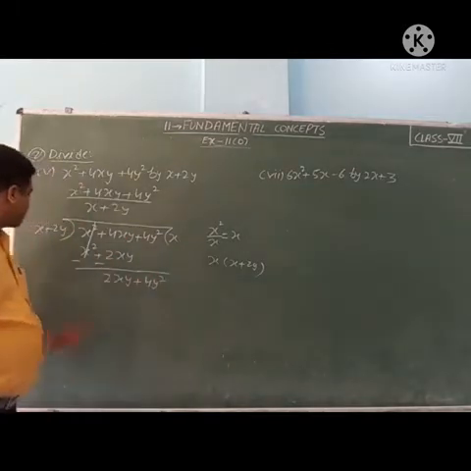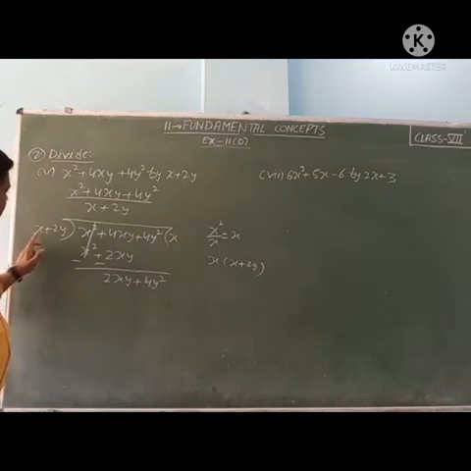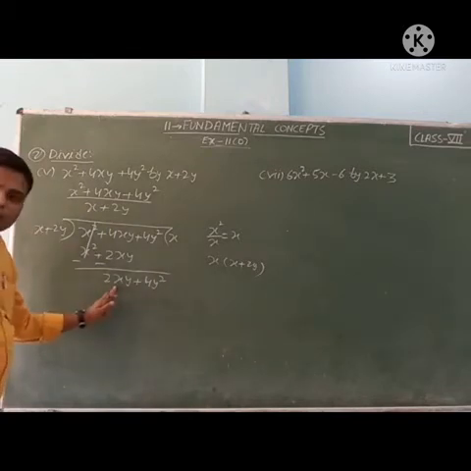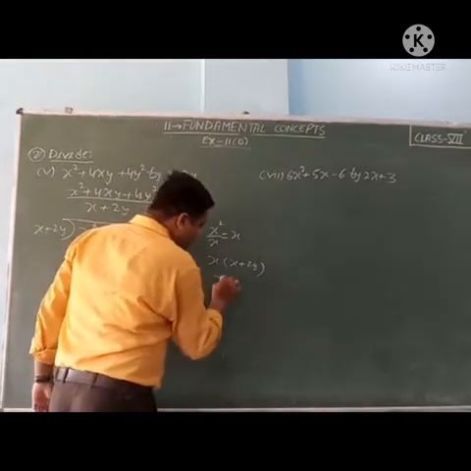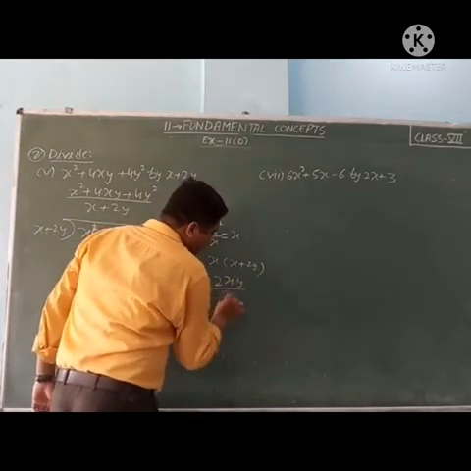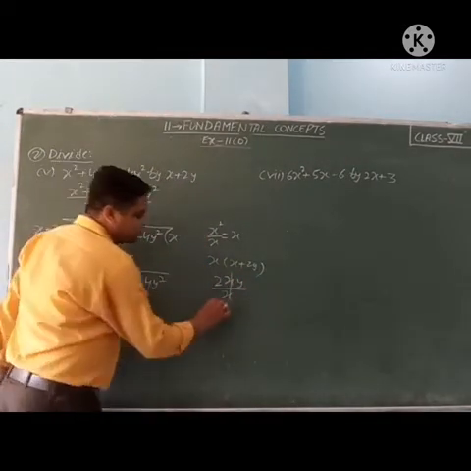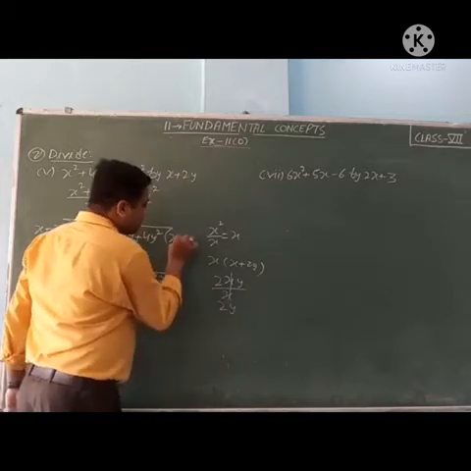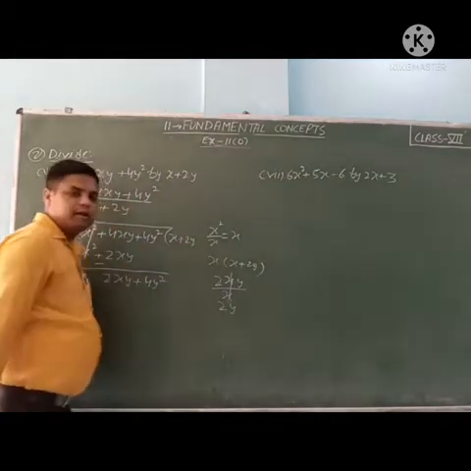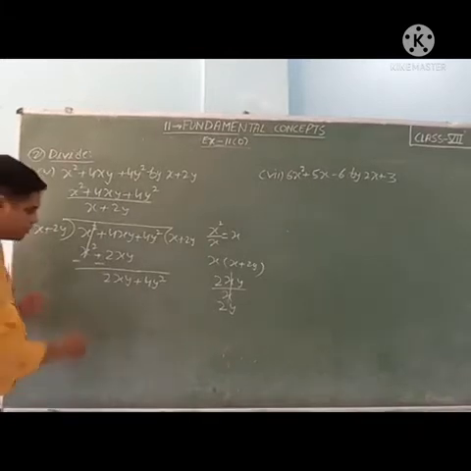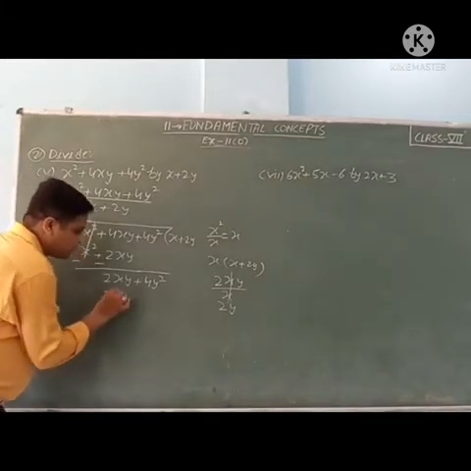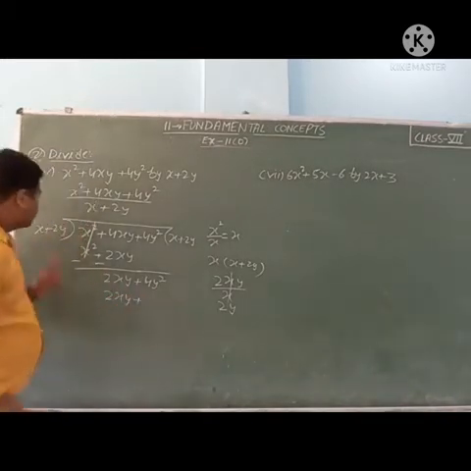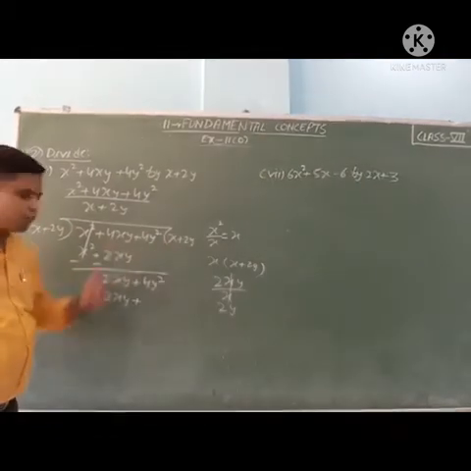Now by which number or term we will multiply in x, that will come 2xy. So 2xy upon x. So x to x cancel. What is left? 2y. So by plus 2y we will multiply. So 2y into x, 2xy. Then plus 2y into 2y, 2 is a 4.